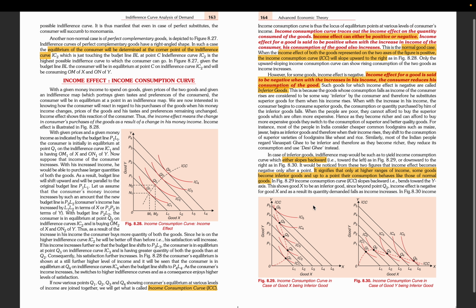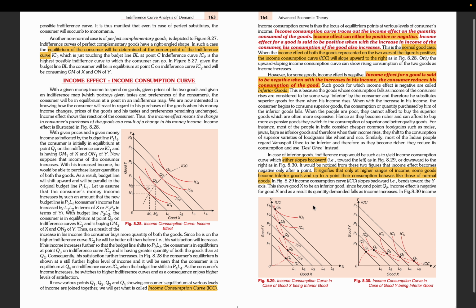Let's say if your monthly income is 100 rupees and you buy jowar instead of wheat. If your income increases to 200, you still need to buy jowar. You still do not have enough money to allocate to wheat and rice.